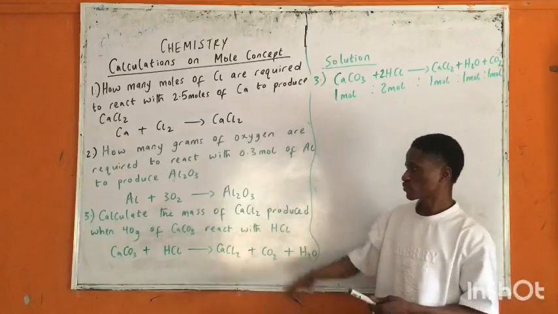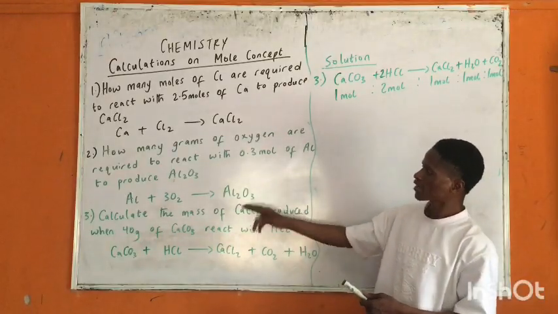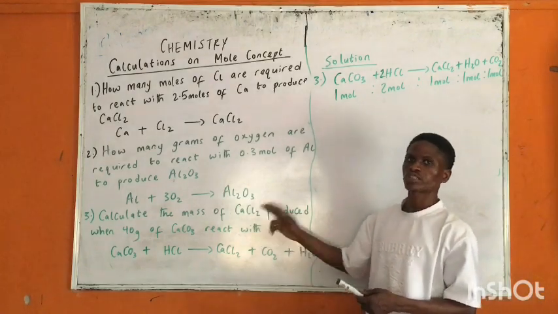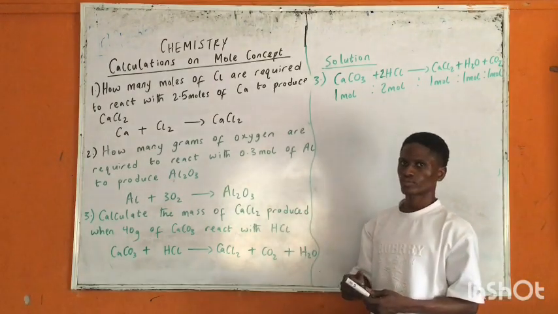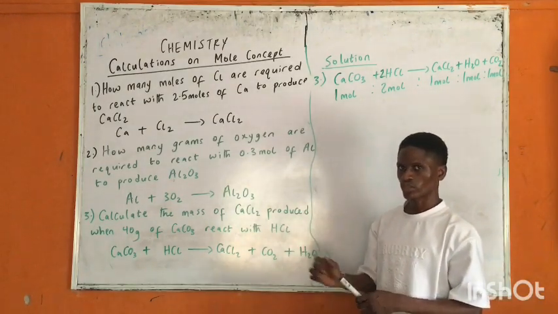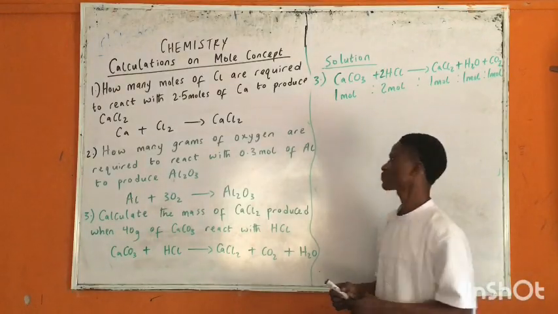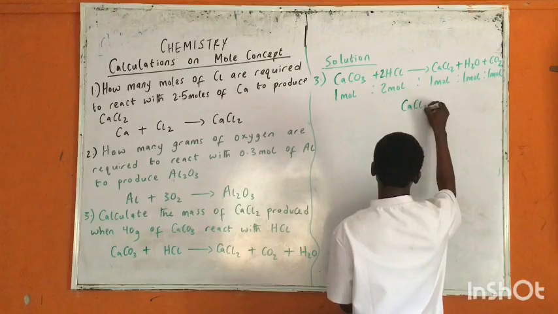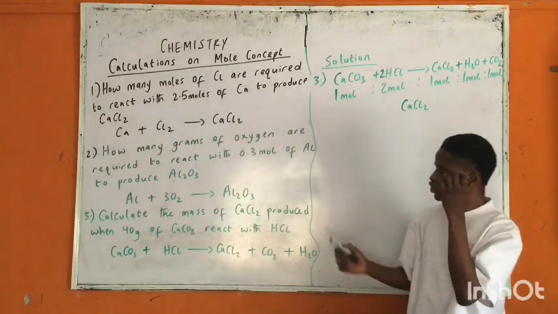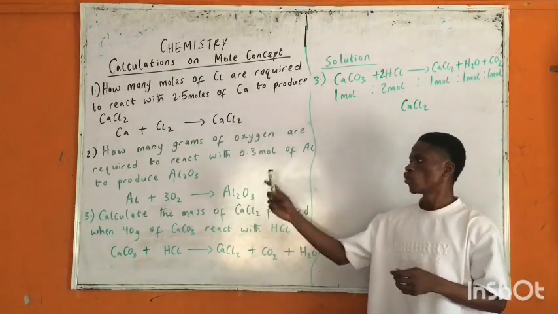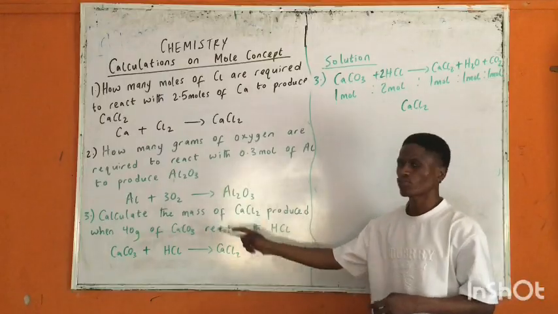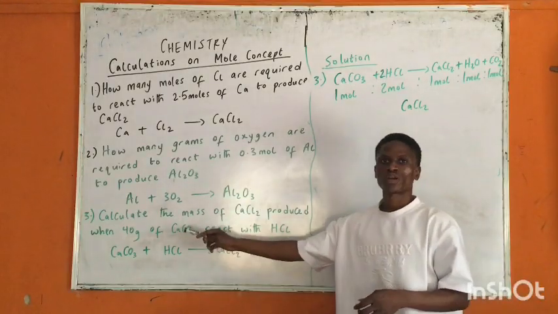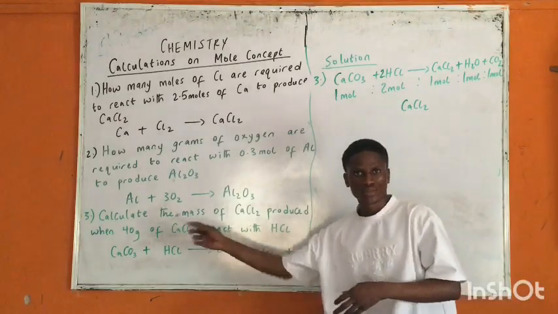The question: calculate the mass of calcium chloride. So the unknown here is calcium chloride, produced when 40 grams of calcium carbonate. So calcium carbonate is having value.